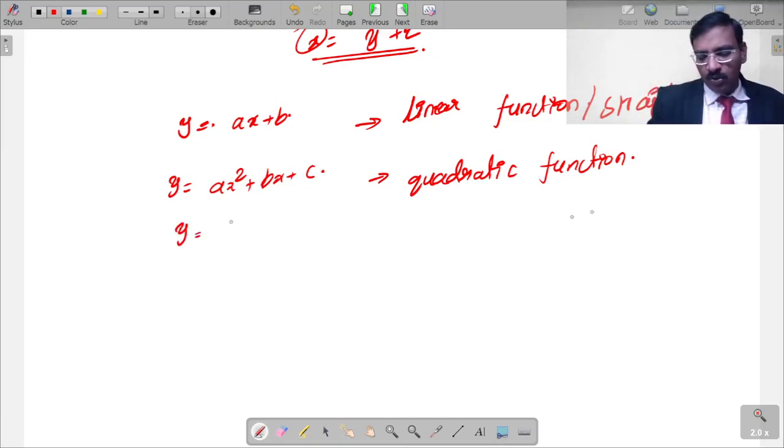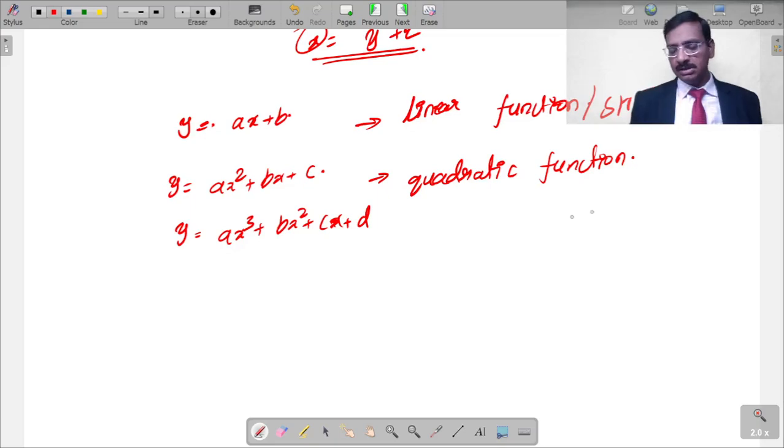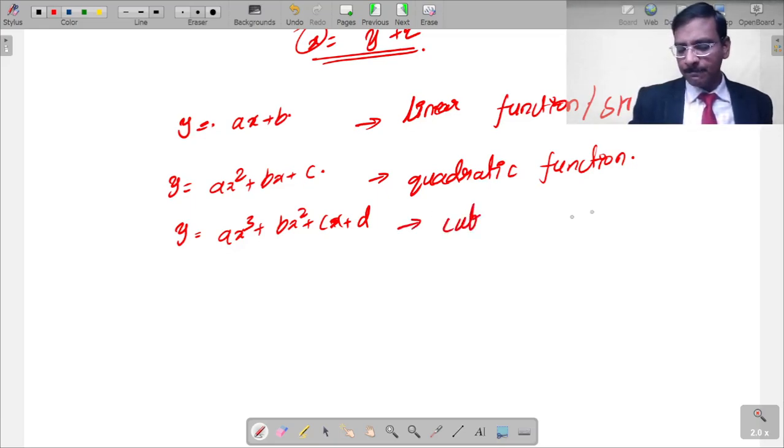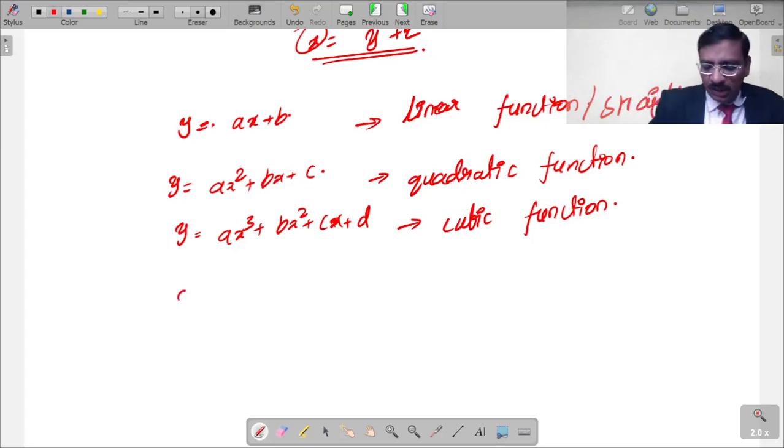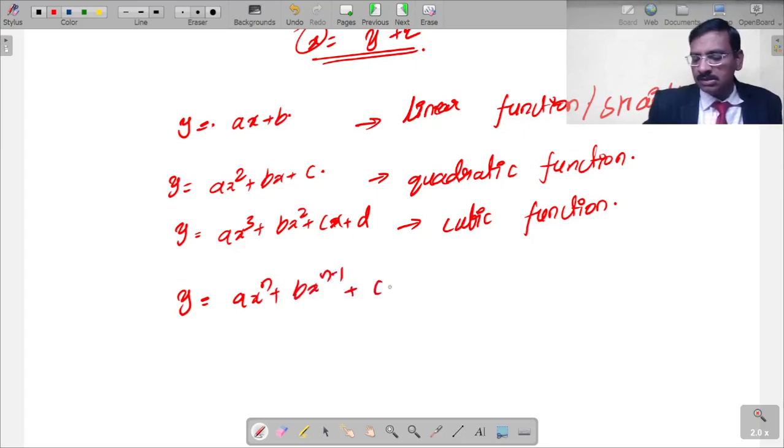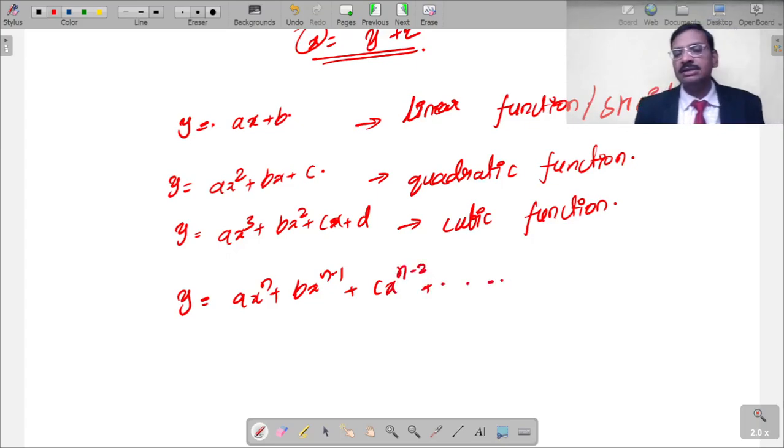And I can have one more, that is ax cube plus bx square plus cx plus d, and this is a cubic function. Right? And like this, we can have infinite orders: ax power n plus bx power n minus 1 plus cx power n minus 2 plus so on.